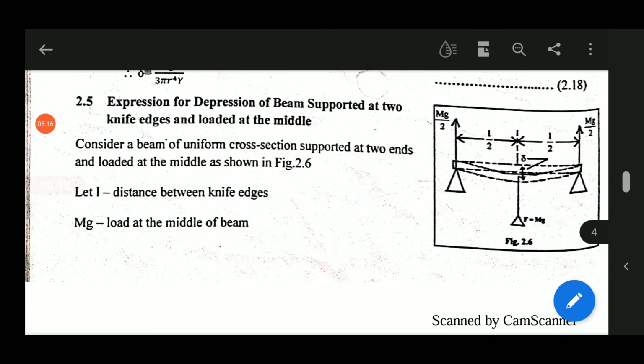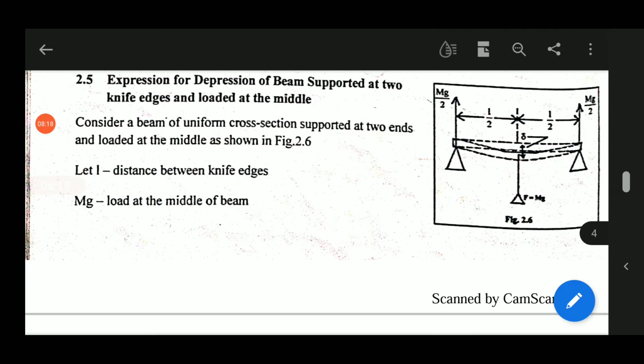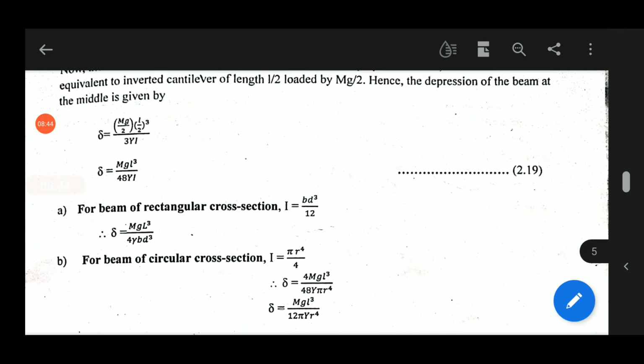Here the load applied at the middle of the beam is F equal to mg. L is the distance between the knife edges, mg is the load at the middle of the beam, and delta is the depression of the beam.